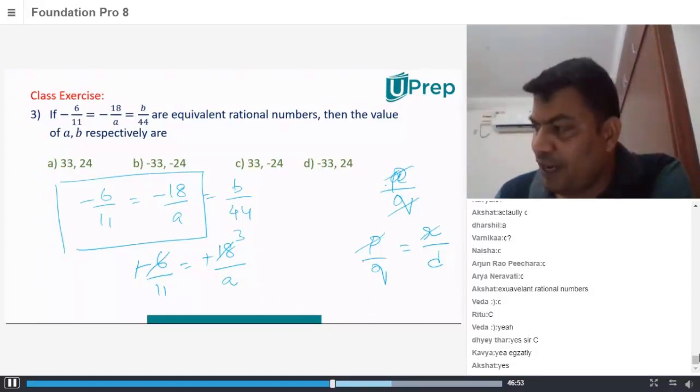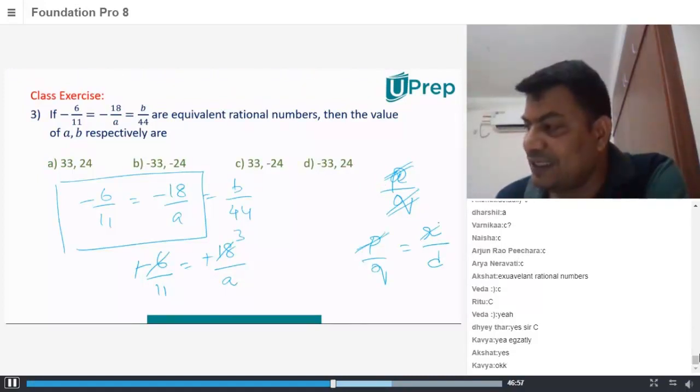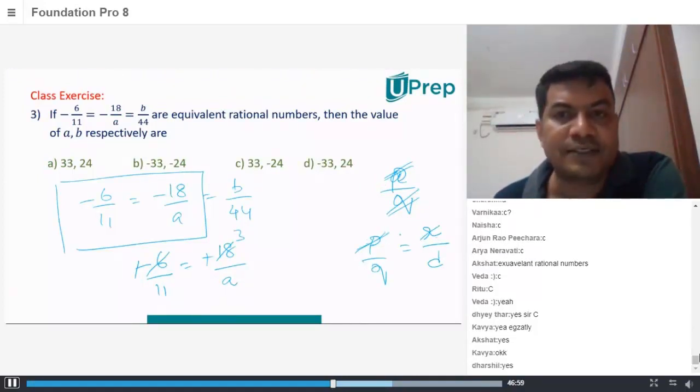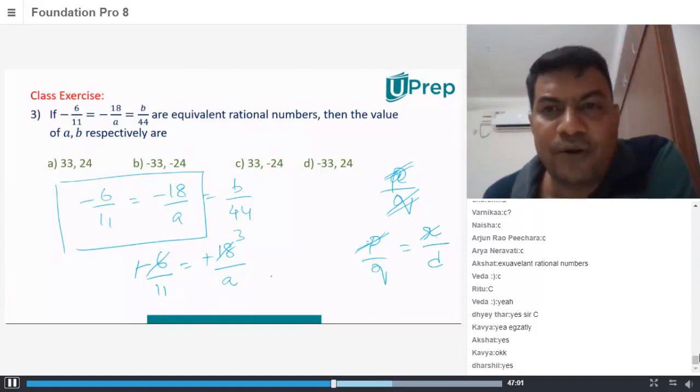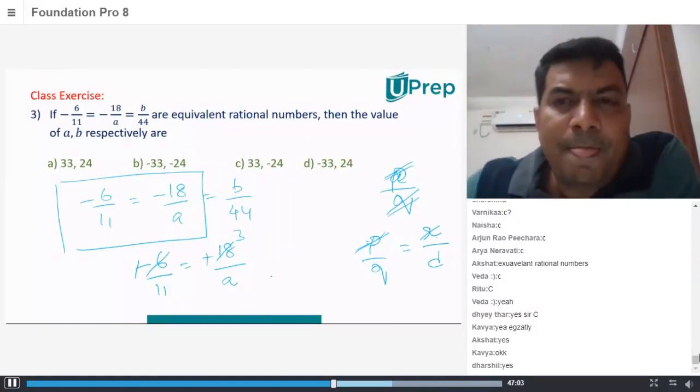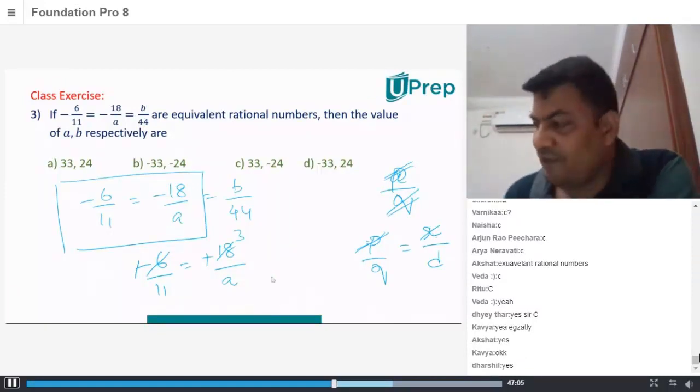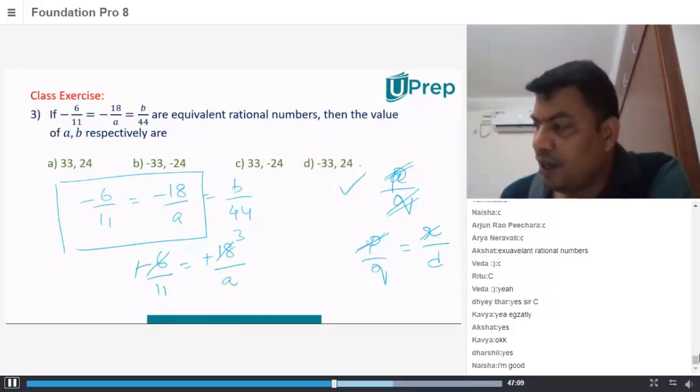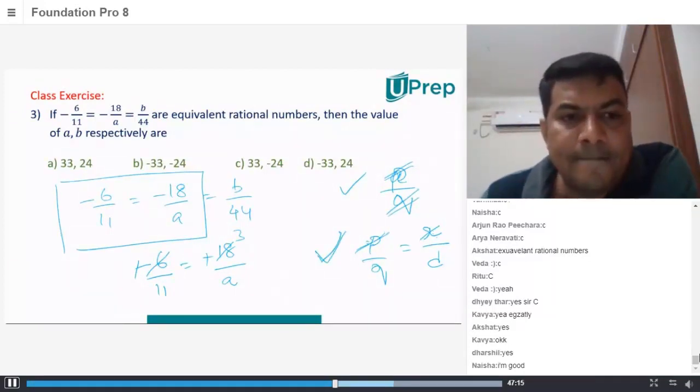Numerator by denominator, you can cancel. Similarly, you can cancel like this if there are common factors. Are you sure about it, or should I teach you why? Is everyone aware? Is everyone sure of this second one? Do you understand, or should I explain why?